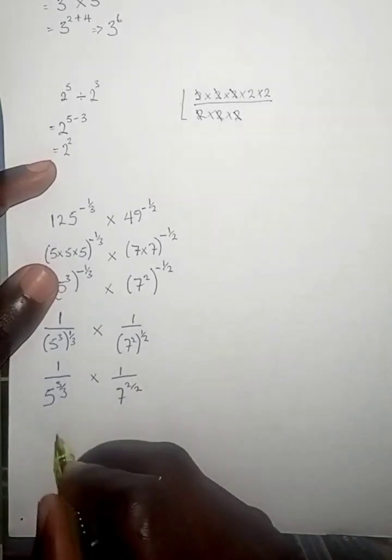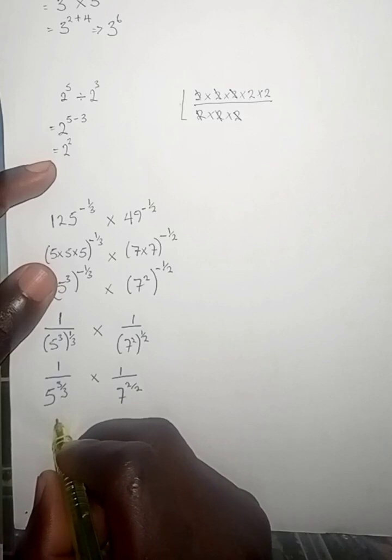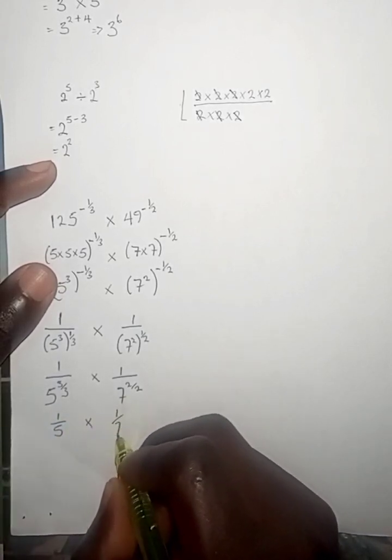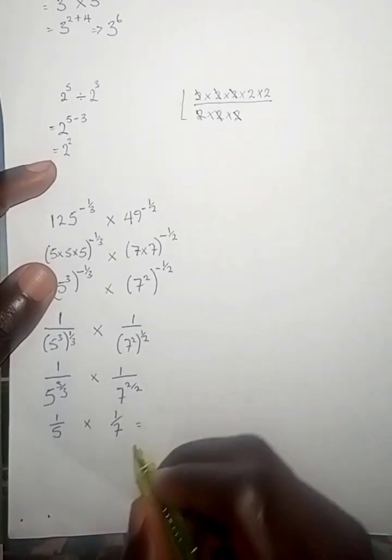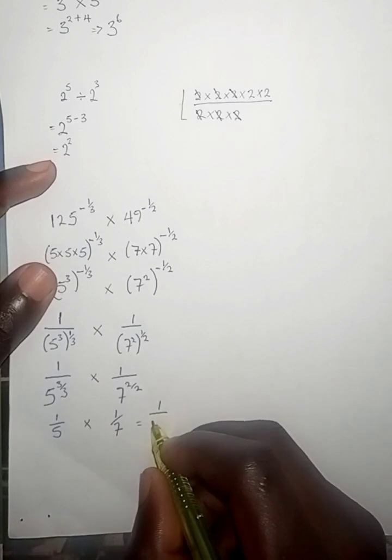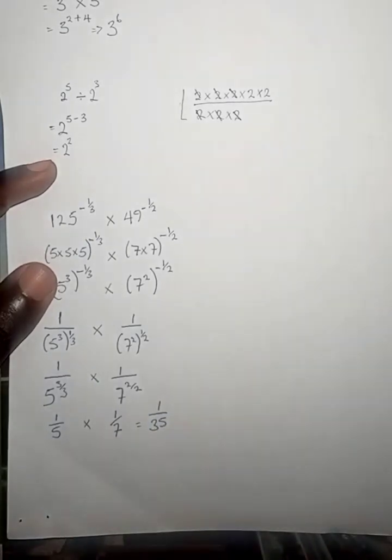And this will now be 1 over 5 times 1 over 7, and 1 times 1 is 1, 5 times 7 will be 35.